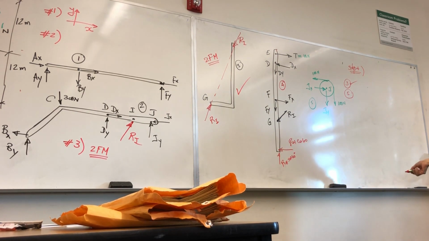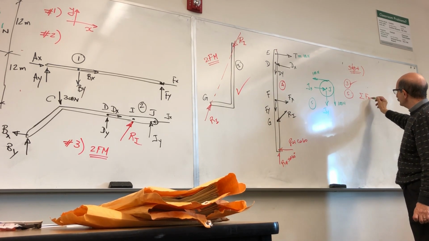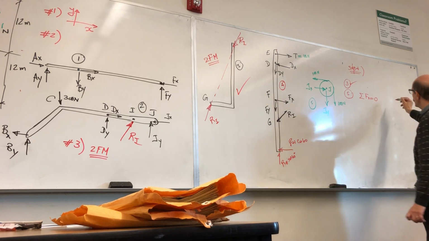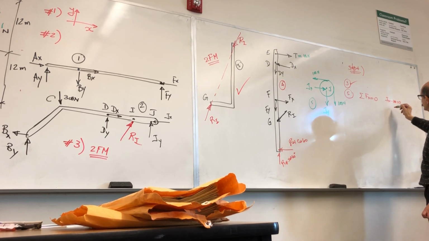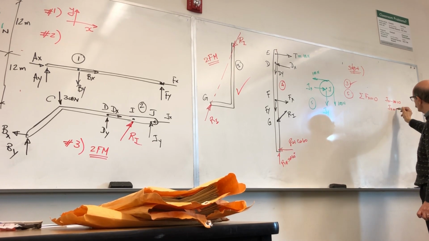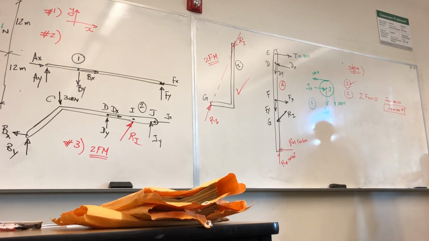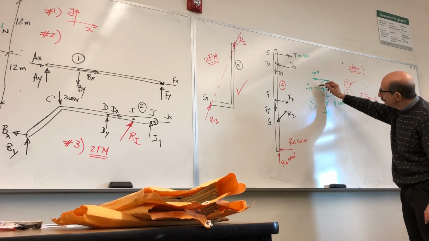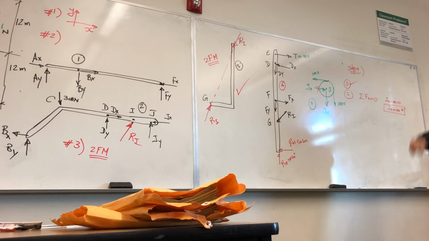And I use all equations of equilibrium. So I write summation of forces along x is equal to 0. I get Jx minus 100 is equal to 0. So Jx is 100 Newton. Okay? As soon as you find an unknown force, it is a good idea to put either a cross over it, or a check mark, whatever.